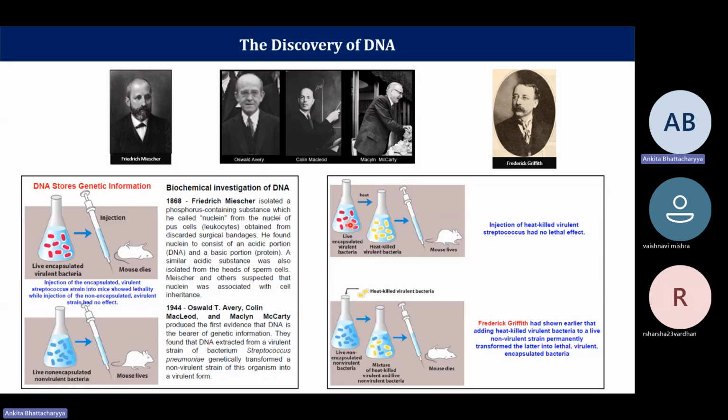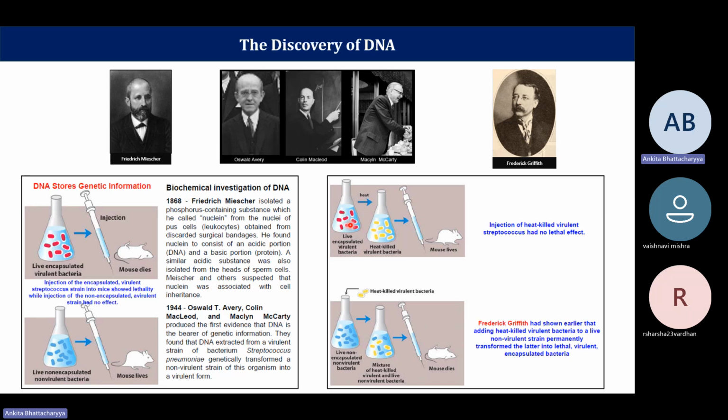We talked about the discovery of DNA, the key experiments that contributed to the same, starting off with the discovery by Frederick Miescher, where he discovered nuclein from leukocytes present in surgical bandages of patients. He concluded that there is some acidic portion, which is why it's called a nucleic acid, and there is some protein also which is affiliated to the same.